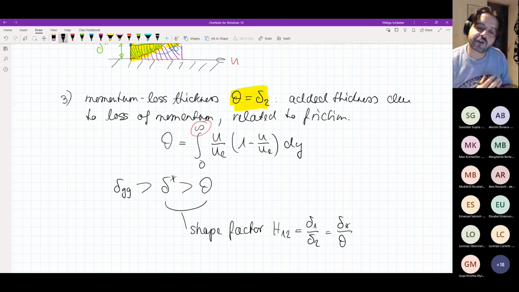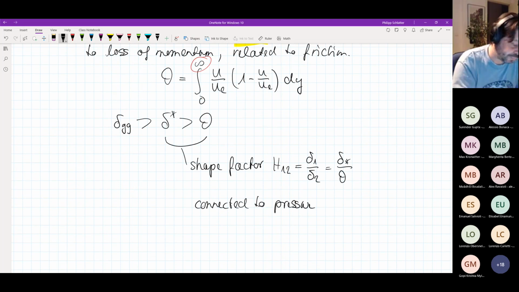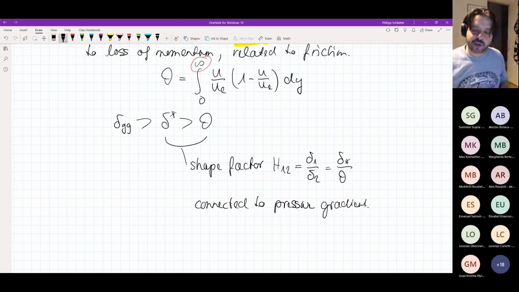It's not very easy to physically explain why exactly this ratio is important, but as we will see later on, it is connected to the external pressure gradient, or rather, the boundary layer reacts to an external pressure gradient in a way that can be measured with the help of this shape factor H. For now, this is just a definition. We say H12 is just delta 1 divided by delta 2.